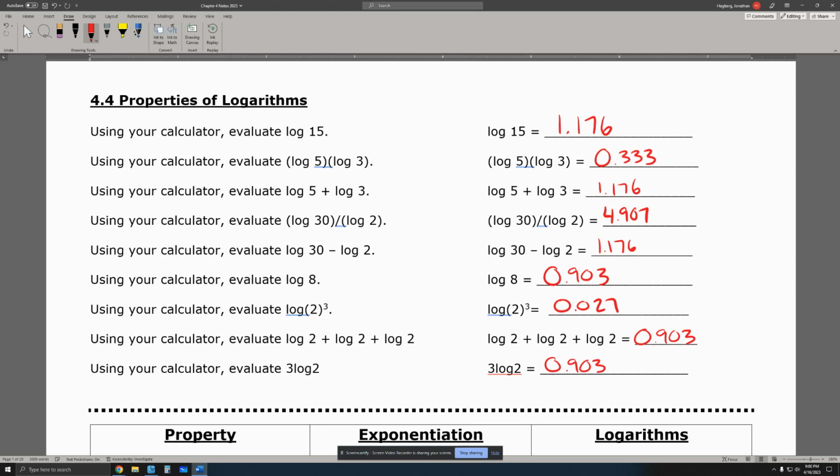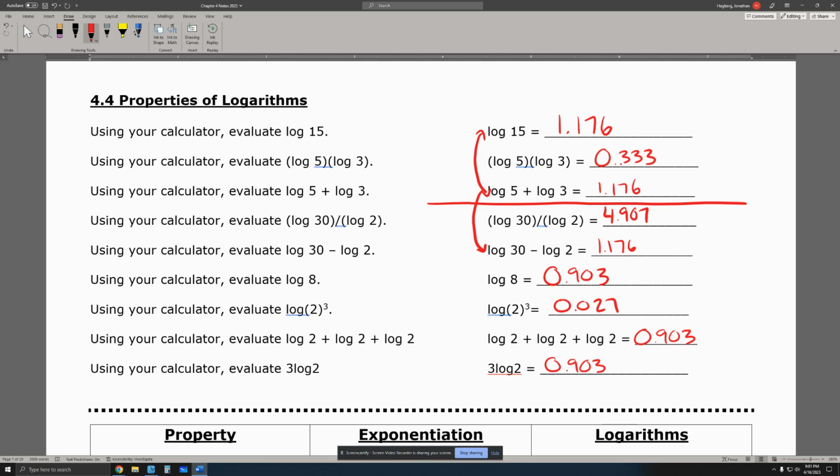Let's see if we recognize any patterns. Let's start with this first group here. I notice that log of 15 and log of 5 plus log of 3 are the same, so maybe we can come up with a rule there. I also notice that that's also equal to log of 30 minus log of 2.